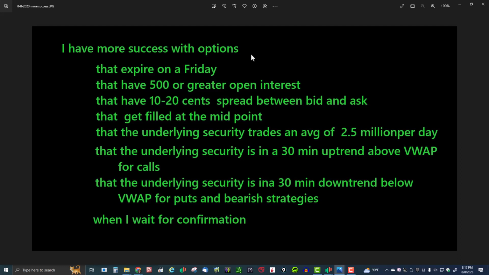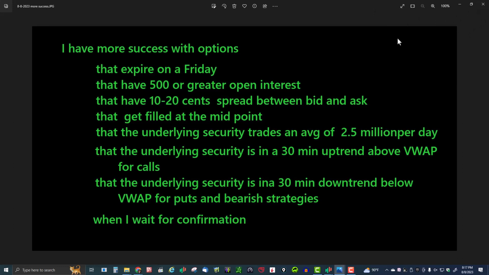And I find I get more success when I wait for the confirmation. In other words, I want price to start heading off in the direction that I want to trade it. It's already in a 30-minute trend going in the direction that I'm expecting it to go.